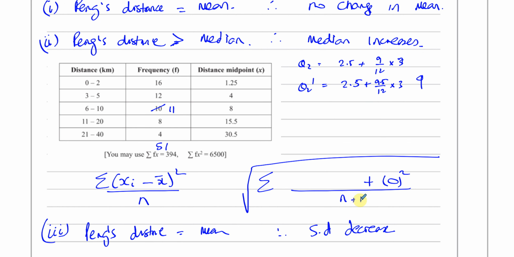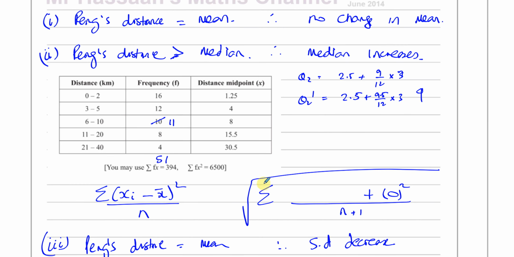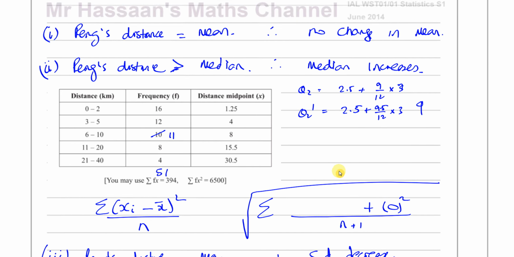The fraction has a lesser value because you're increasing the denominator and leaving the numerator the same. Like 1 over 2 and 1 over 3: 1 over 3 is less than 1 over 2. If you increase the denominator and leave the numerator the same, it's going to be less. I hope that was clear. The standard deviation will decrease.